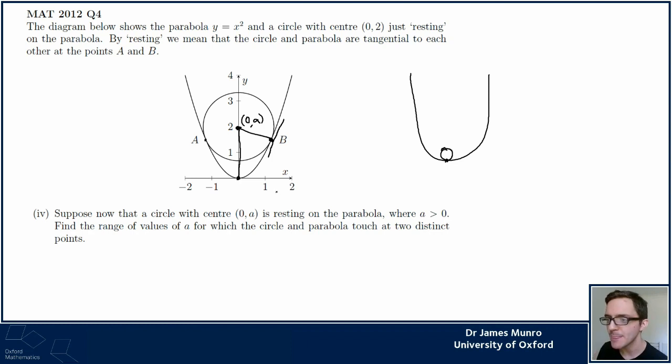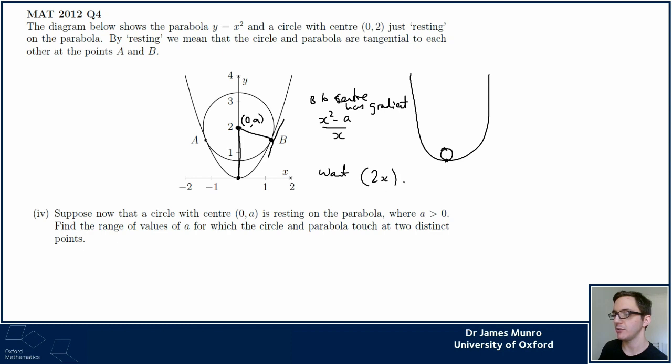Wait, what am I doing? Yeah, okay. So in general, the line joining B to the center has, I need to redo the part 1 thing as well. The line joining B to the center has gradient this, where that A has replaced a 2, and I want this 2x times (x squared minus A over x) to be equal to -1.